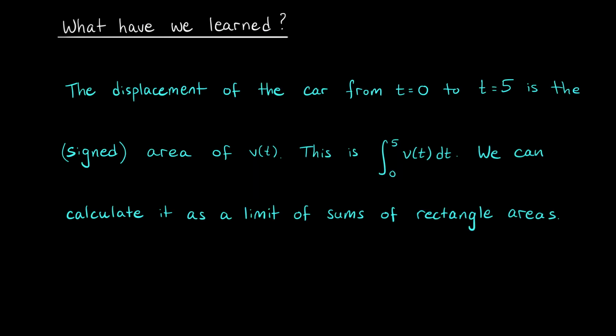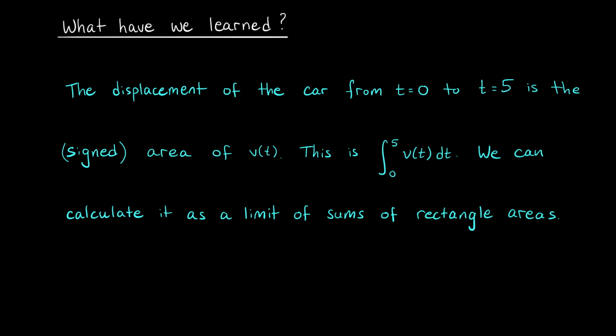Okay, folks, let's take a step back and think about what we've learned from our examples. If we want to know the displacement of a car over an interval of time, we're effectively finding the area under its velocity curve. We're calculating this integral. One way to do that is by adding up and taking a limit of tiny little distances, which appear in our graph as tiny little rectangle areas.